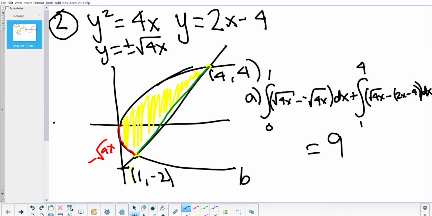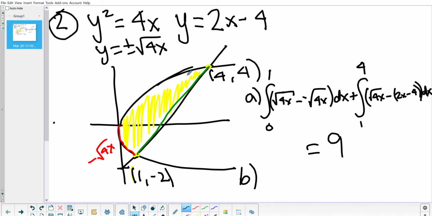And the good news about doing this in terms of y, although it's not as familiar to you, this is going to be easier, because when you do this in terms of y, you're not thinking top minus bottom, you're thinking right minus left. And right is always the line. The right side of this area is always the line.